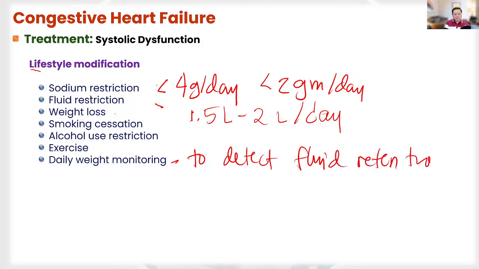So for example, a significant retention is going to be greater than 2 pounds per day. That is significant, guys. Or this is like 0.9 kilogram per day. And they need to report that to the medical provider once they have a significant elevation or gaining of the weight.